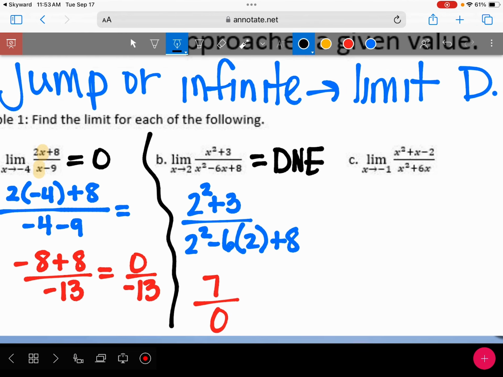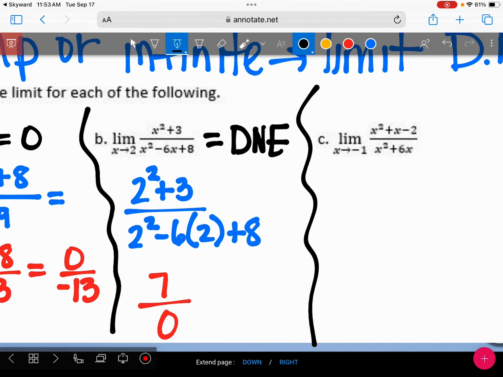All right, let's look at C. Go ahead and try to do that one on your own. Substitute in -1, find the limit.